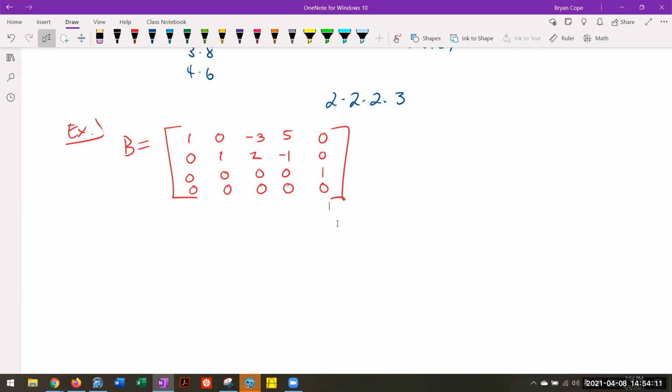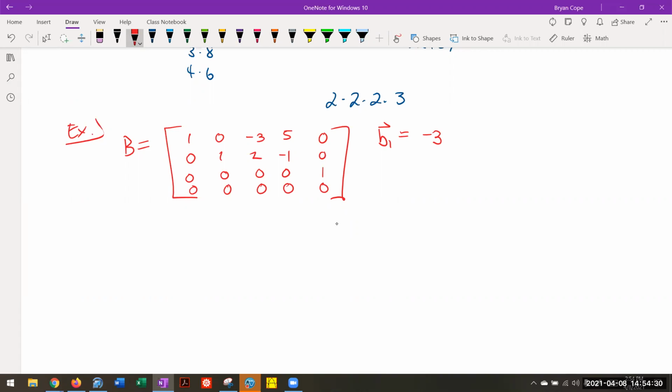Okay, so we could say this based on what we see right here. Couldn't we say that this column is a linear combination of those two, and that column is a linear combination of those two, but this one is special? Okay, so let's note that.